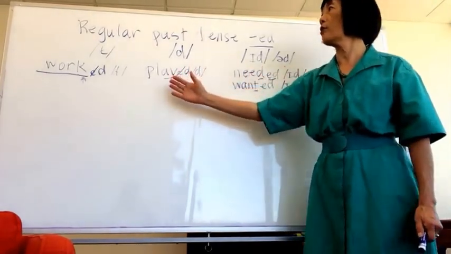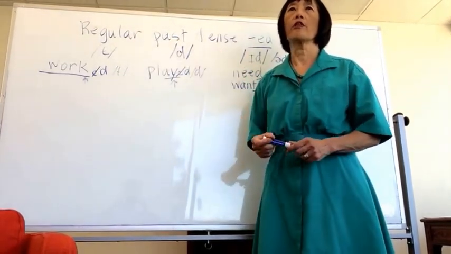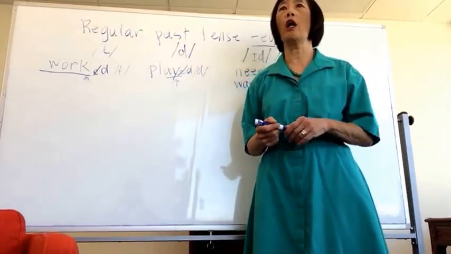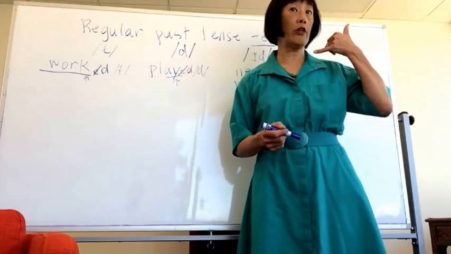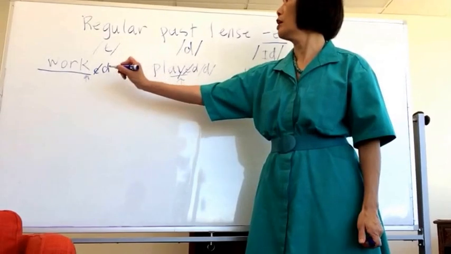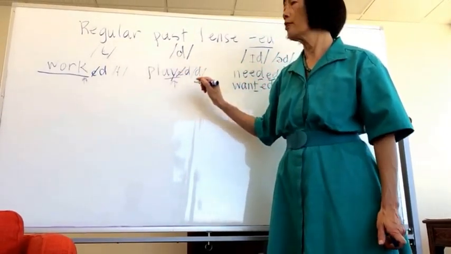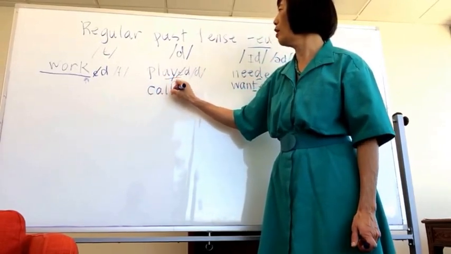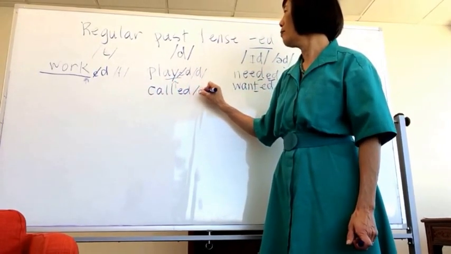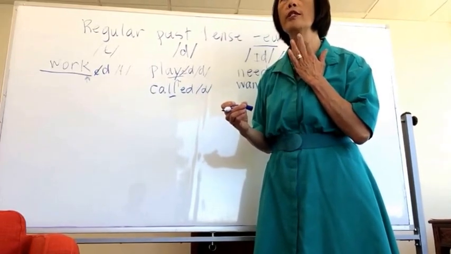For all of the other ones, we either have t or d. So for example, if we say the word call, did you call your friend? Yes. Then call, ed, which do we have? Is it t or d? Called. All right, so we have call, called, because the sound o is a voiced sound.